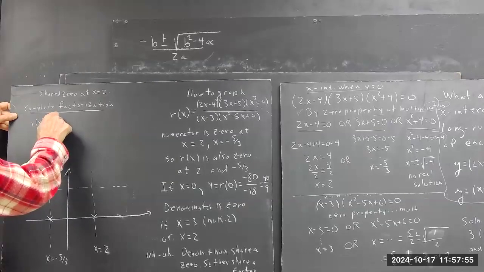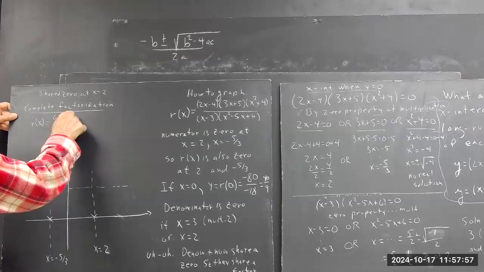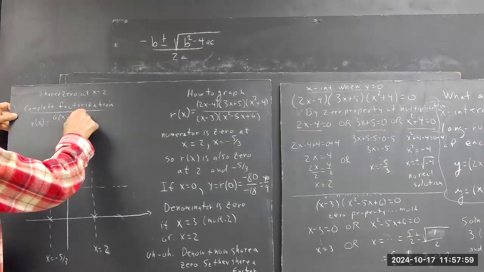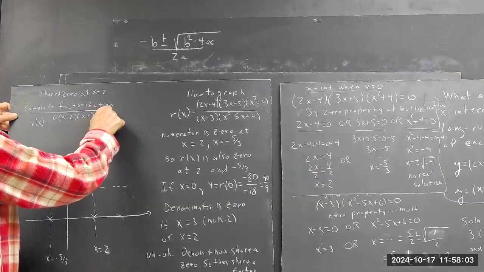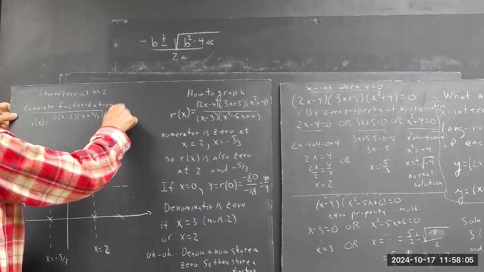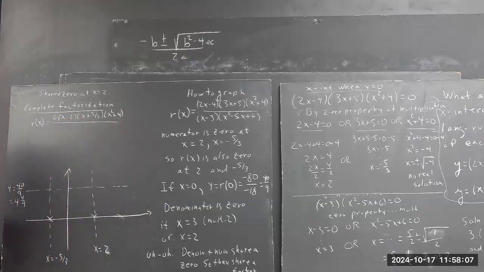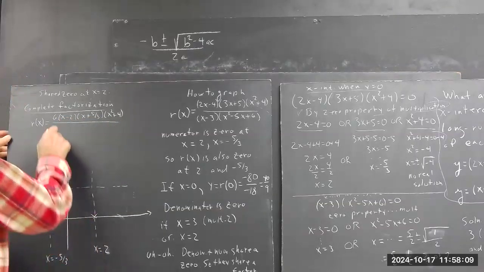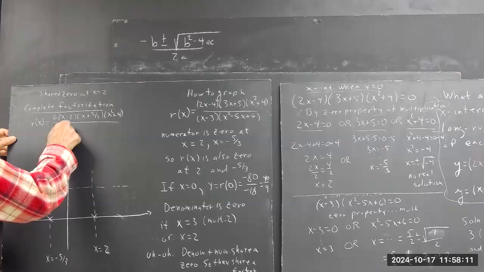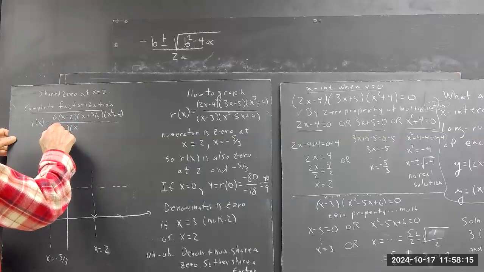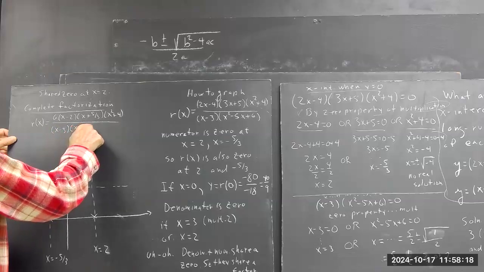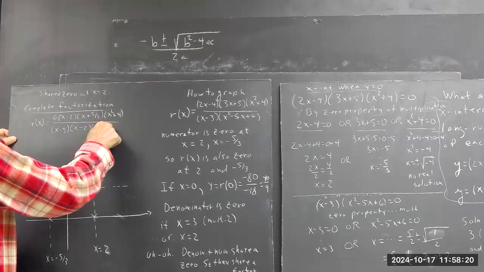R of X equals 6 times the quantity X minus 2 times the quantity X plus 5/3 times x squared plus 4, and that's divided by x minus 3 times x minus 2 times x minus 3.